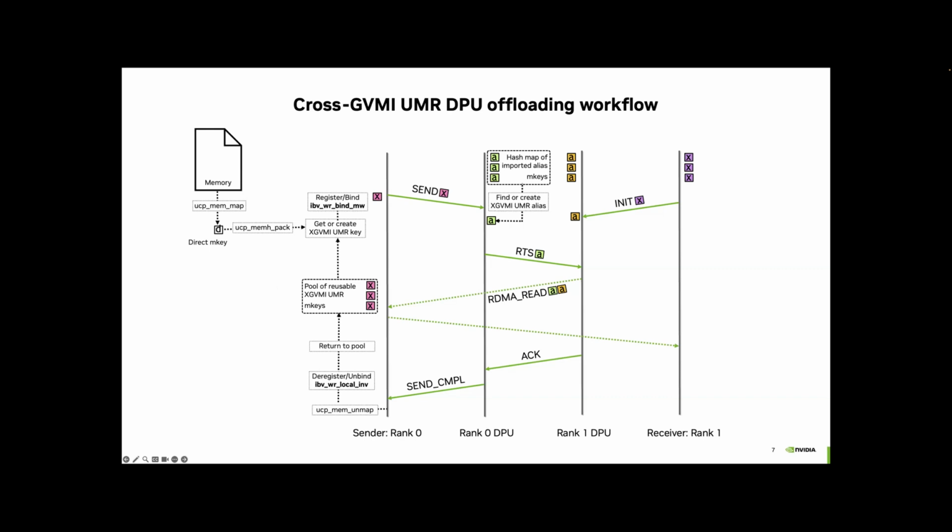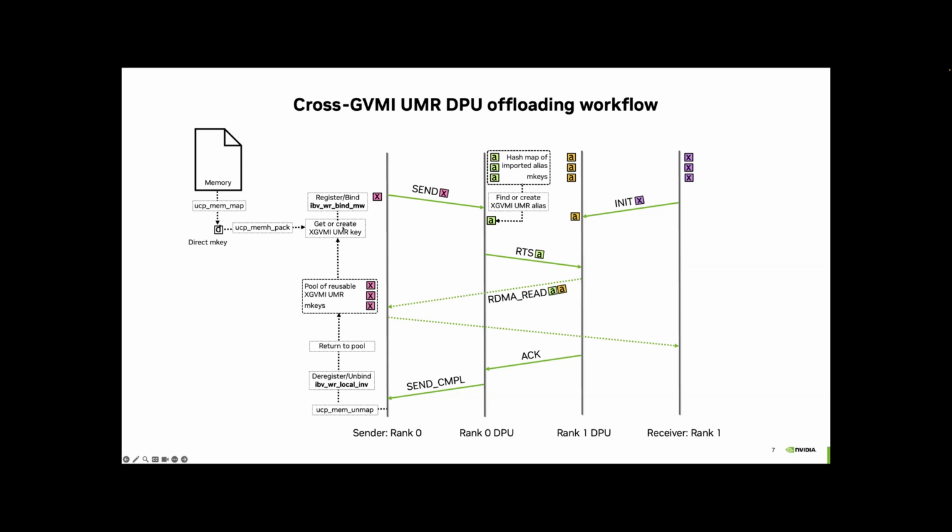And with UMR optimization, the workflow that I showed previously now looks slightly different. Now, when we register a user buffer, we get a direct memory key, and we want to offload it to the GPU. We call UCP-MMH pack. And now, instead of creating a cross-GVMI key, we just take it from the pool, or create it if the pool is empty.